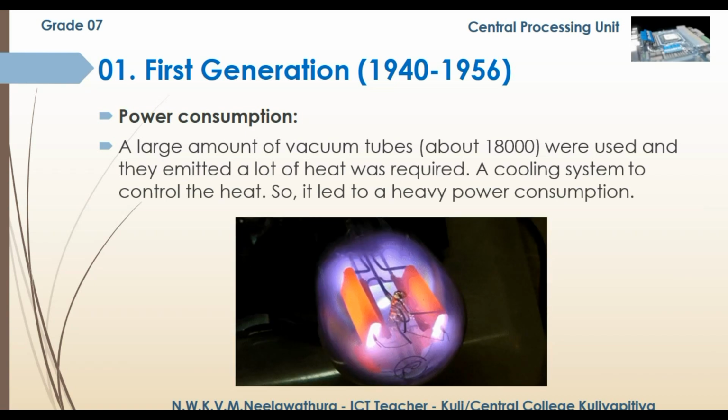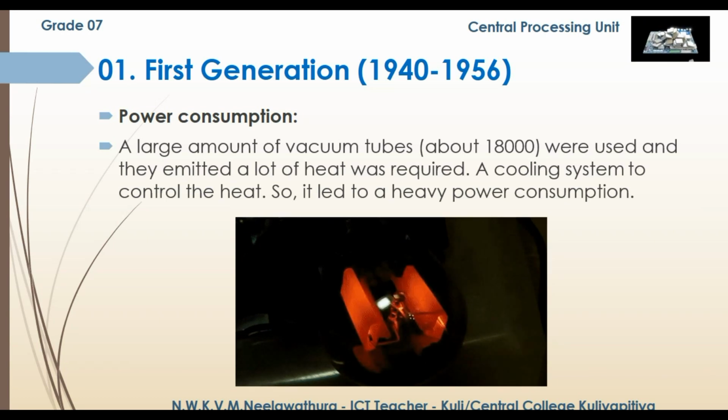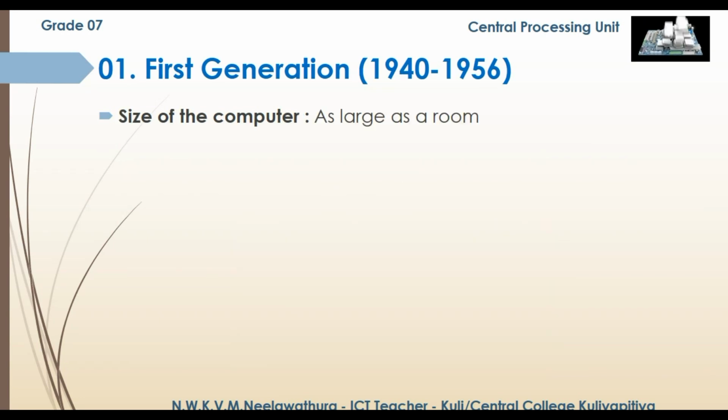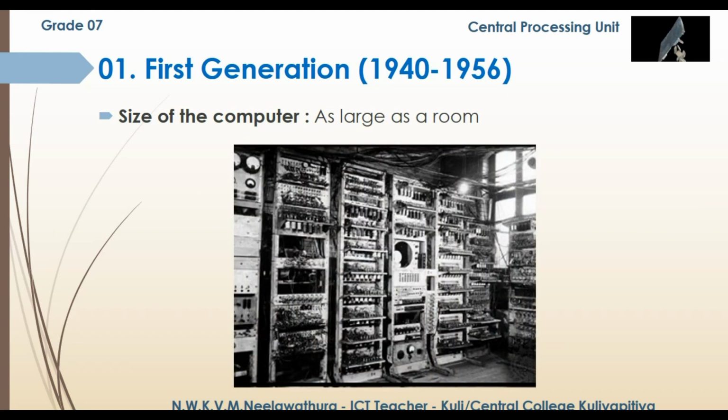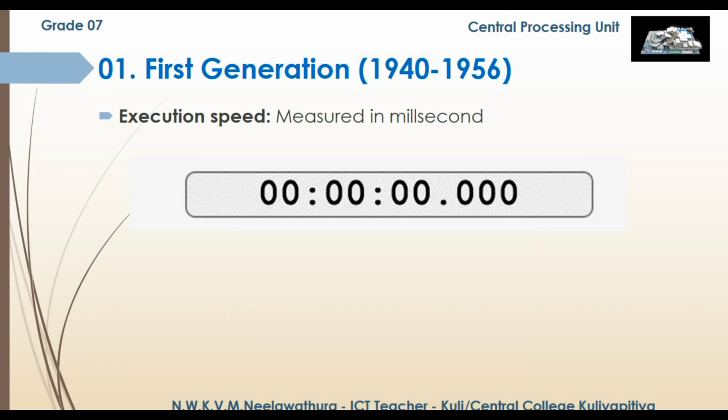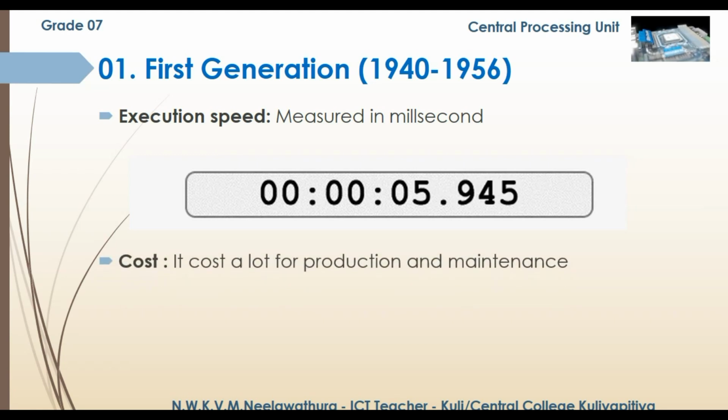So, it led to a heavy power consumption. Size of the computer: as large as a room. Execution speed measured in milliseconds. Cost: it cost a lot for production and maintenance.